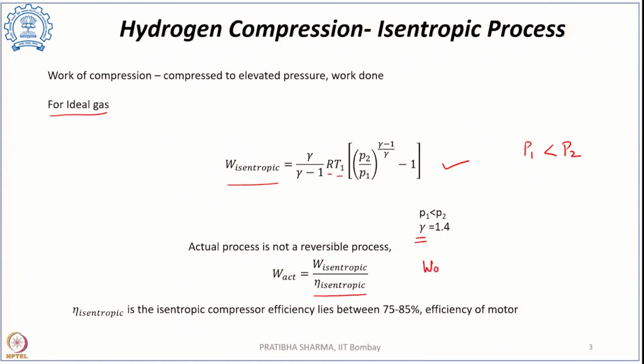So, the actual work done is the ratio of the isentropic work and the isentropic compressor efficiency. This efficiency lies in the range of 75 to 80%. Besides that, we also have to include the efficiency of the motor, which lies in the range of 90%.